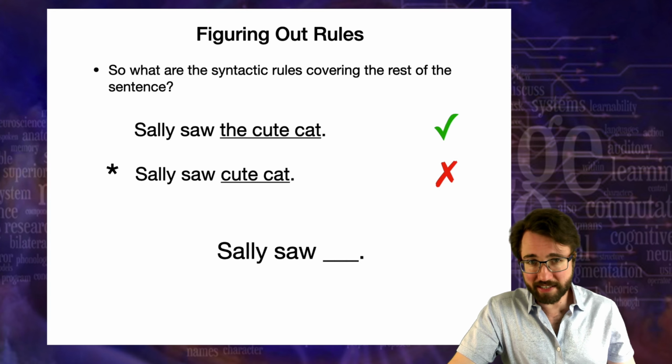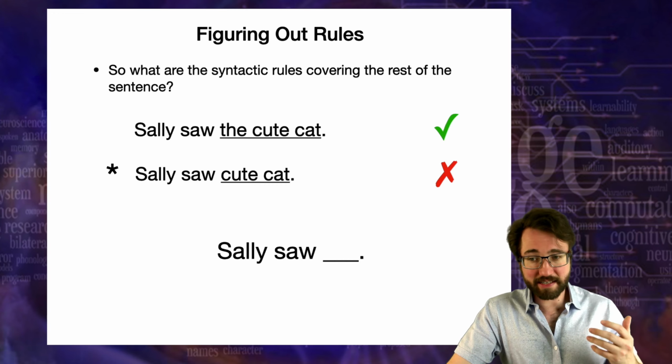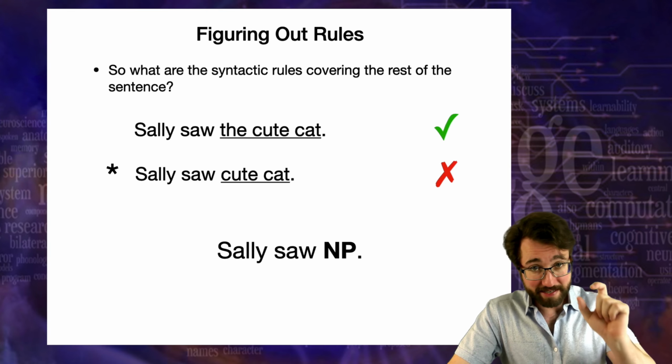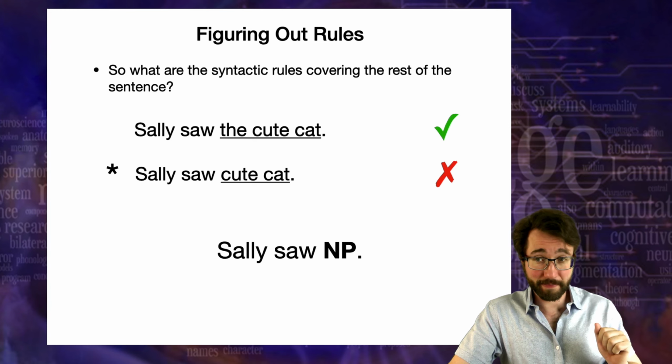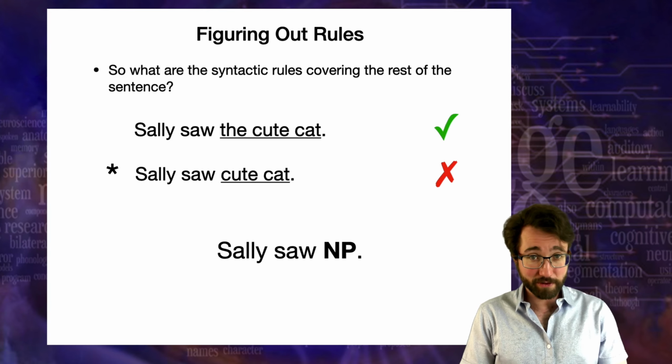So what this shows us is that the possible sentences here consist of Sally saw and then a noun phrase. Any noun phrase can go into this slot here to form a grammatical sentence. Sally saw NP.